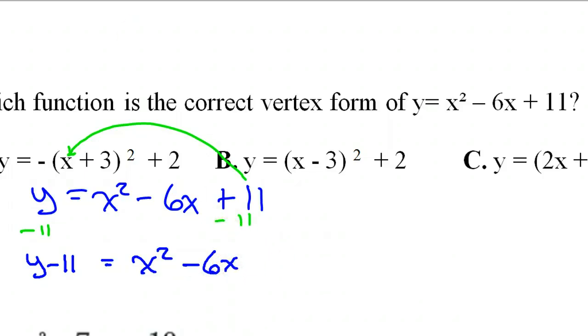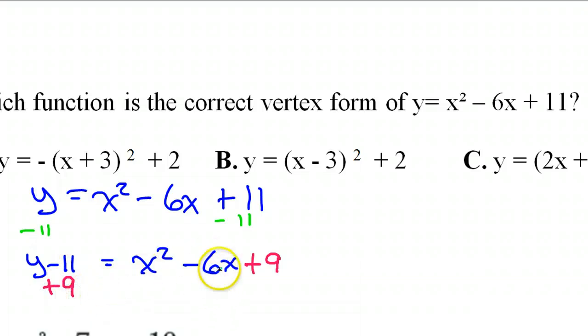Now is when we do the whole half the middle squared thing. Half of this is 3, and 3 squared is 9. So I'm going to put a plus 9 right here. A common mistake is to just do that and keep going, forgetting that we need to balance it out by doing the same thing on the left.